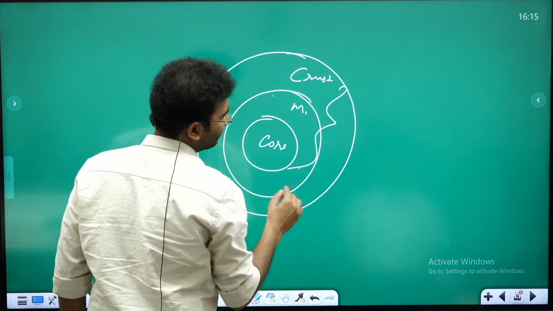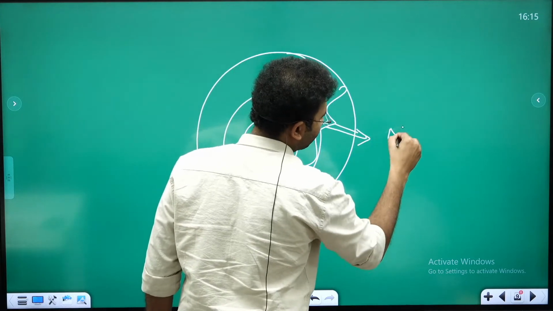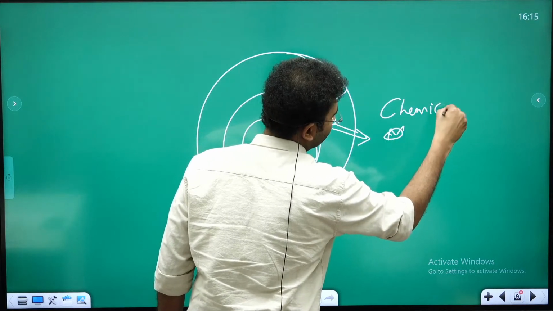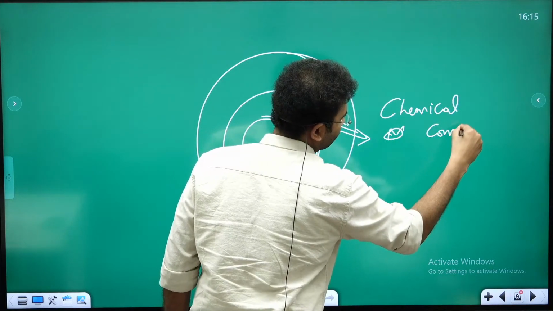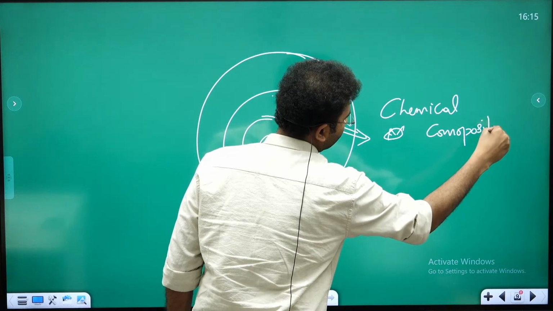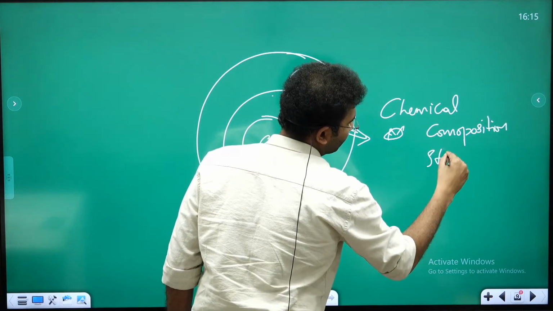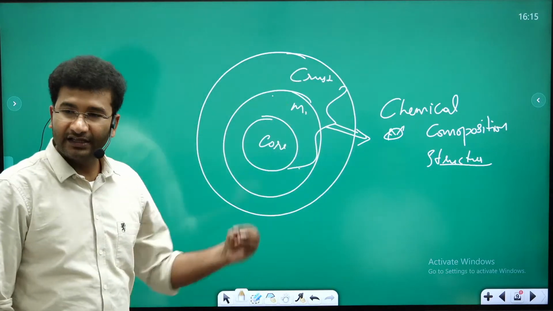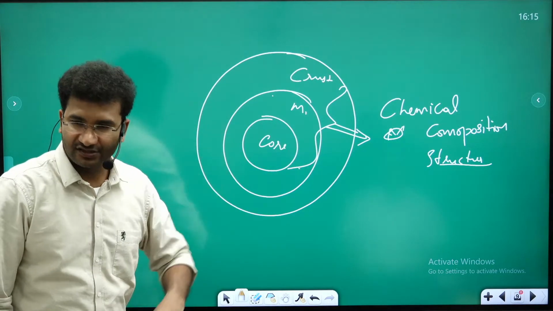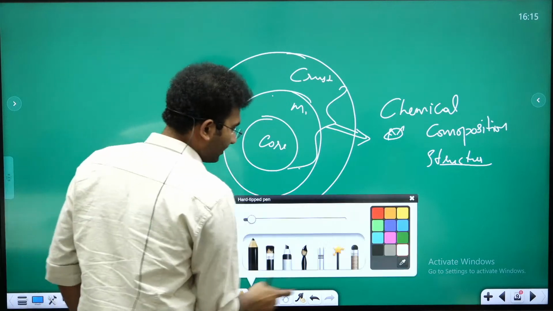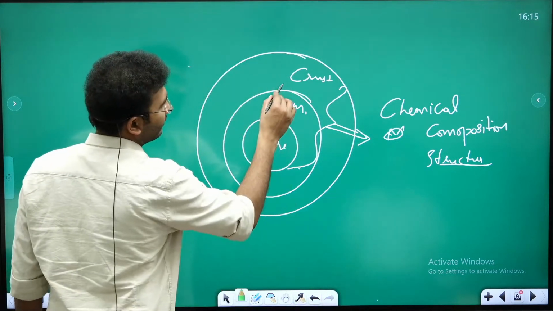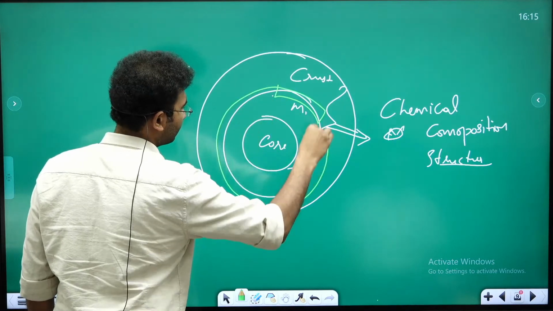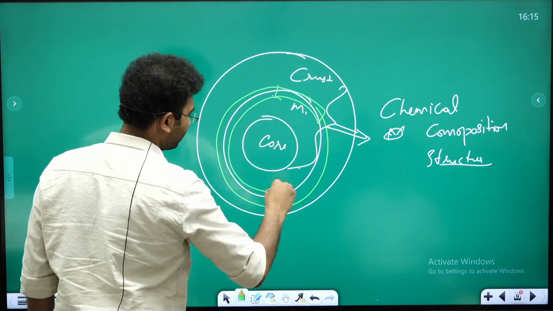Now this division is called the chemical structure. But when you study the mechanical structure of the earth, you will understand that there are multiple layers. So here you will have another layer like this. What is this?